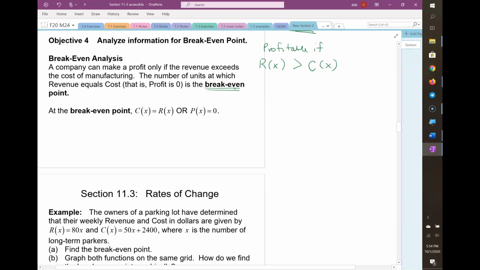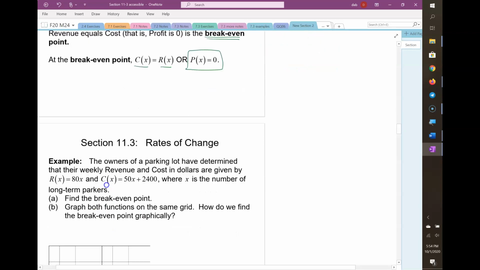Most businesses start off not making a profit, and then they get to the break-even point, and then they start making a profit. So you can either take your cost function and your revenue function and set them equal to each other if that's what you're given, or if what you have is a profit function already, you can say, when is it 0? By setting it equal to 0 and solving for x.